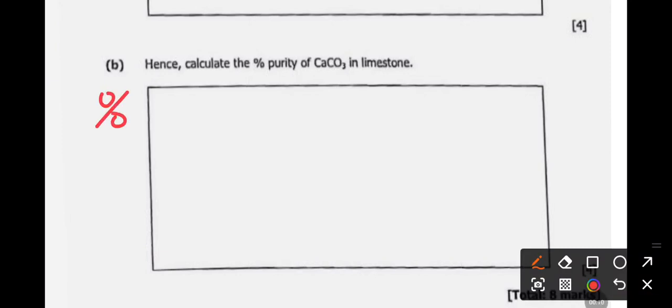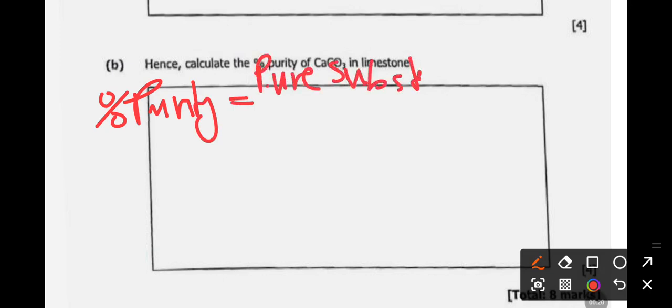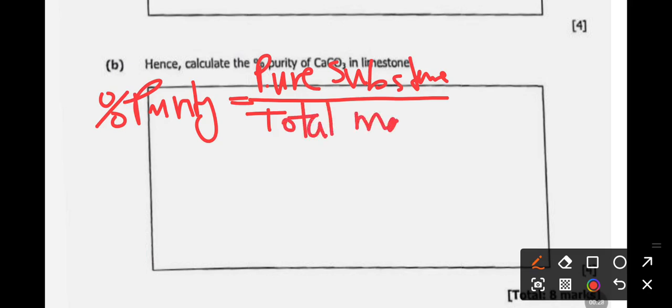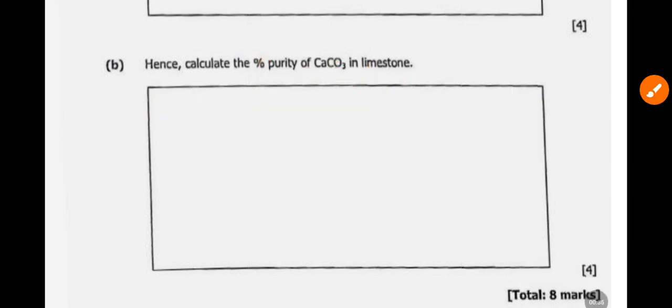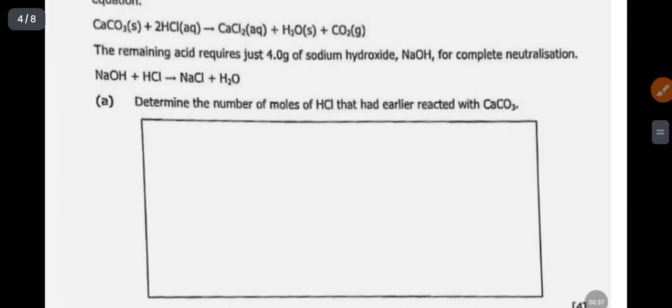Remember, percentage purity is given by the mass of the pure substance over the total mass of the substance multiplied by 100%.